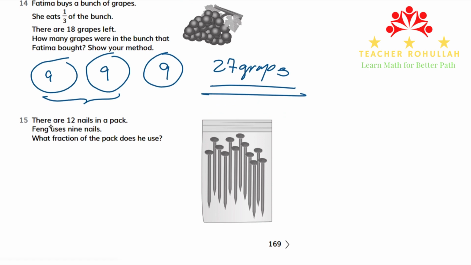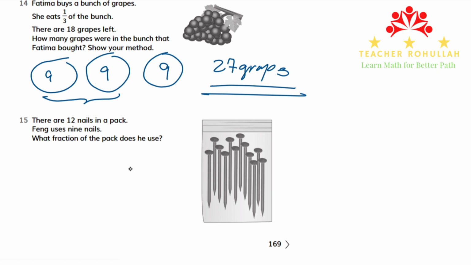In question 15 it says there are 12 nails in a pack. Feng uses 9 nails. What fraction of the pack does he use? So in this case, to make the fraction, we have to make equal groups.